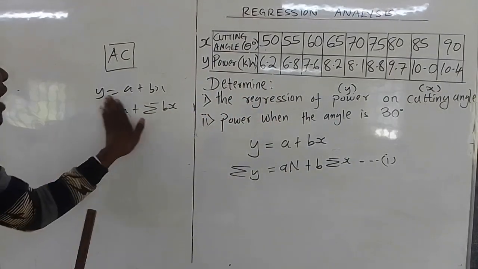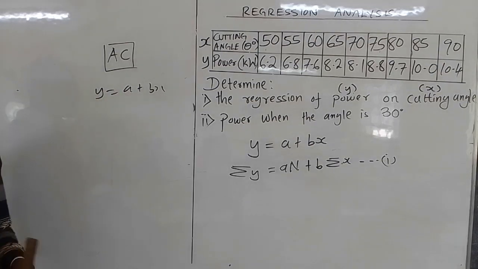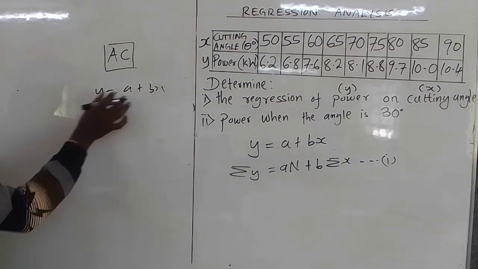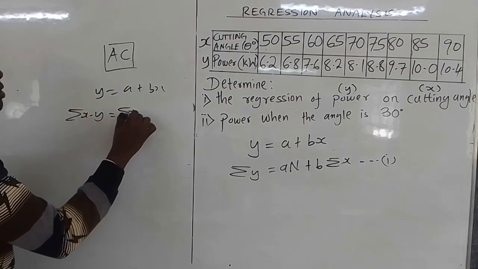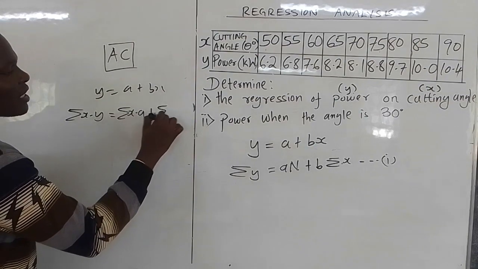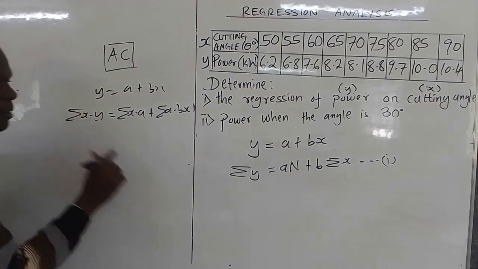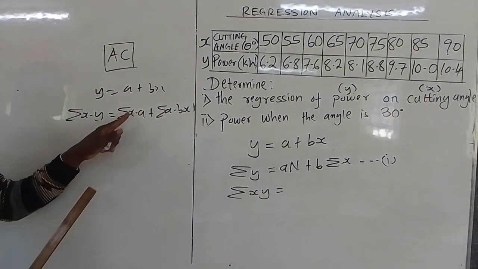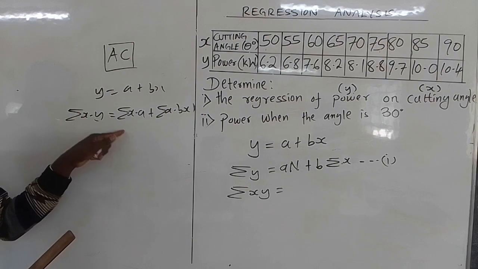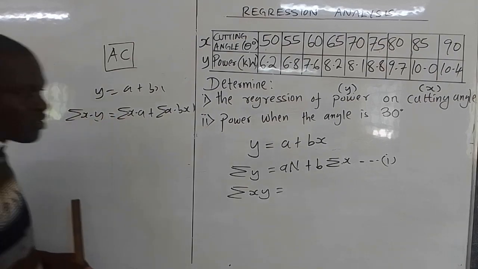Because we are looking for xy, and here we already have y, we multiply both sides by x and then sum. So summation xy equals summation x times a plus summation x times bx. A is a constant, so you factor it outside, so it will be a summation x.